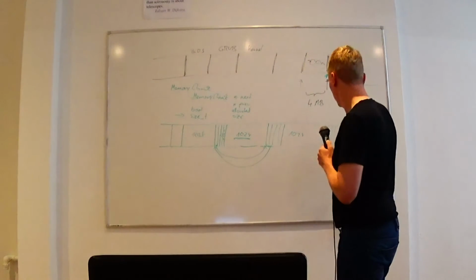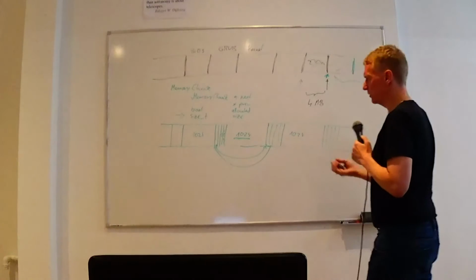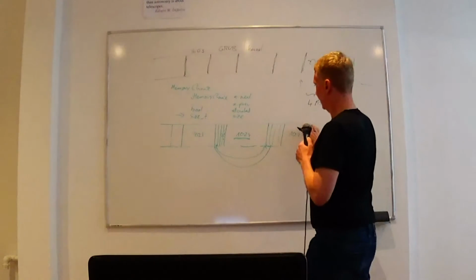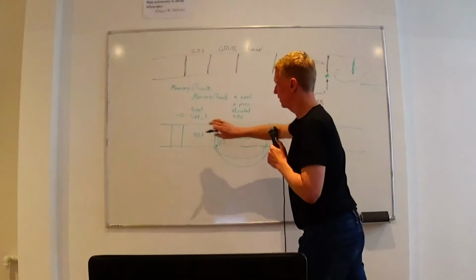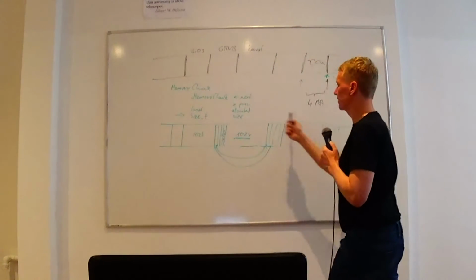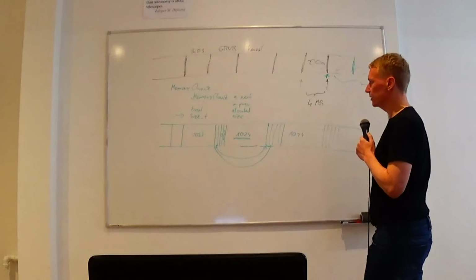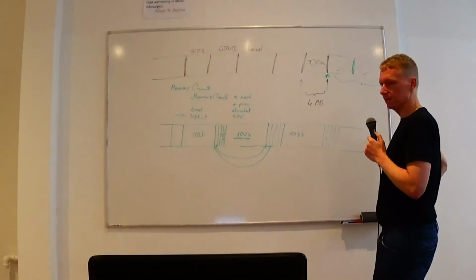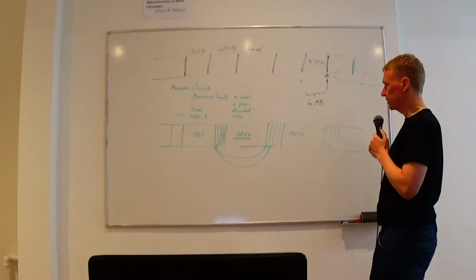That's not really what we want, because if this is not allocated, and this is not allocated, and this is not allocated, then these together are large enough to hold this 2500.